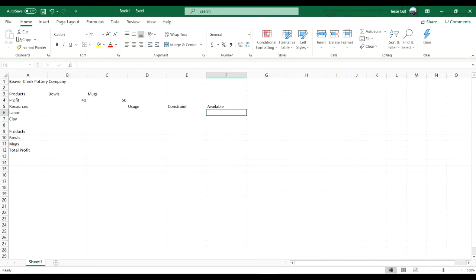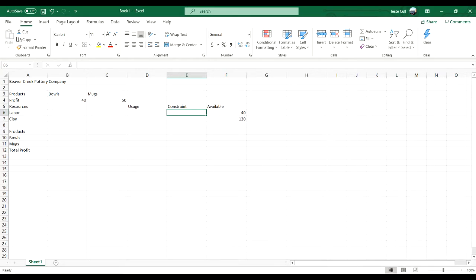We know from the problem listed that we have 40 hours of labor and 120 hours or kilograms or pounds of clay. Because it's a maximization, we want to use as much as possible.